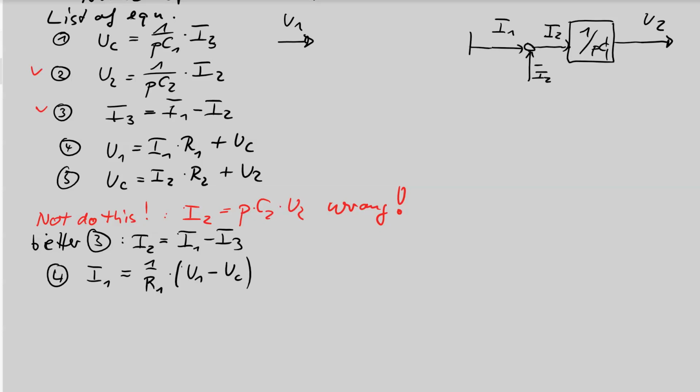You see this is a block function with 1 over R1 as a constant function, and the input is U1 minus UC. Input summing point, U1 positive, UC negative.